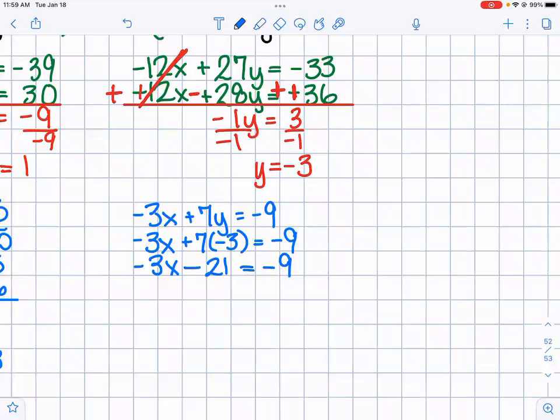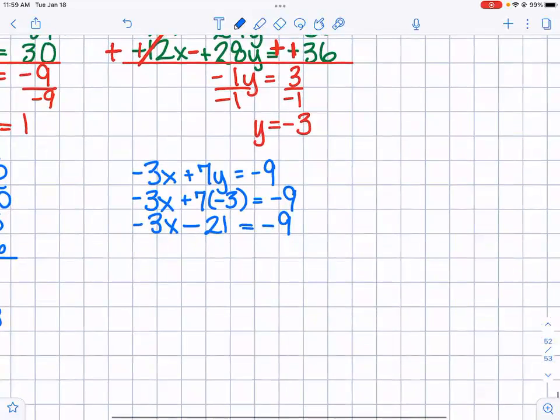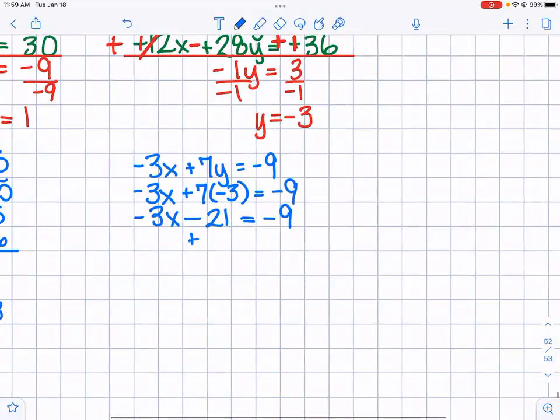Okay, we're trying to solve this. What do I need to do? Add 21 to negative 9. What's negative 9 plus 21? Careful. It's 12, right? Negative 9 plus 21 is the same as 21 minus 9. So negative 3x equals 12.